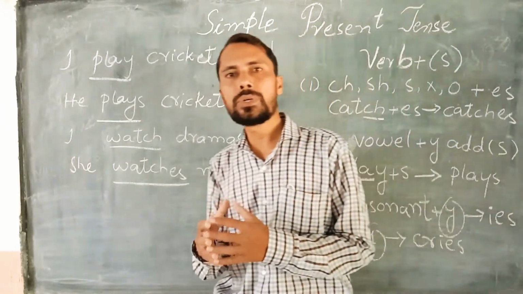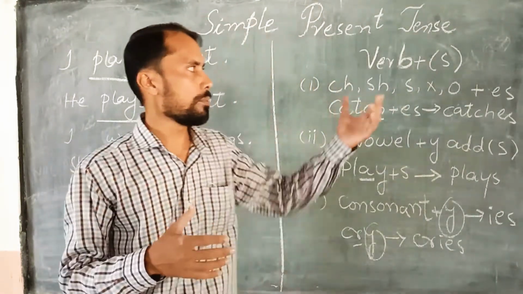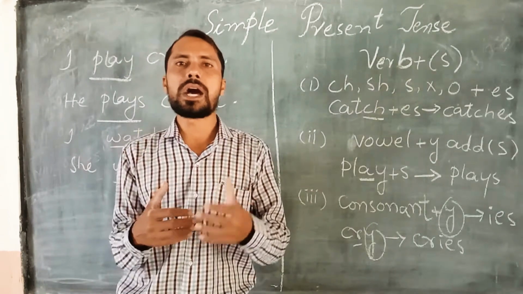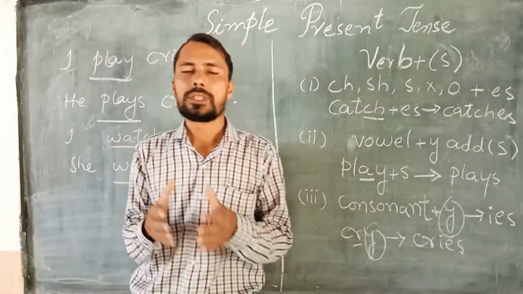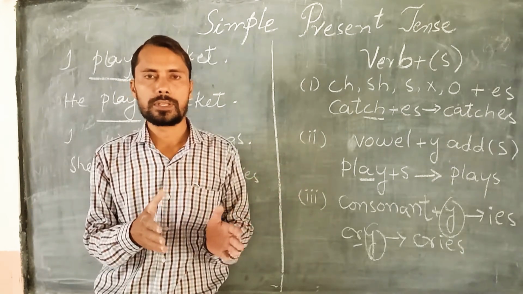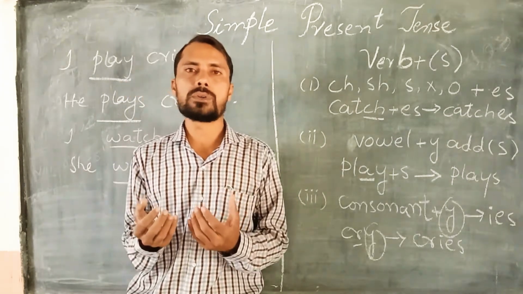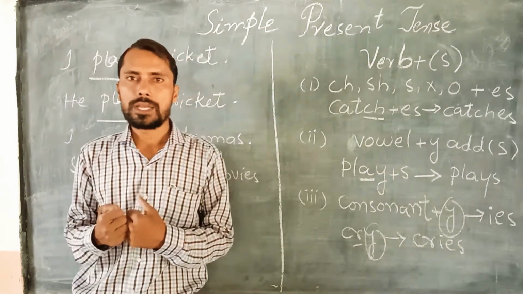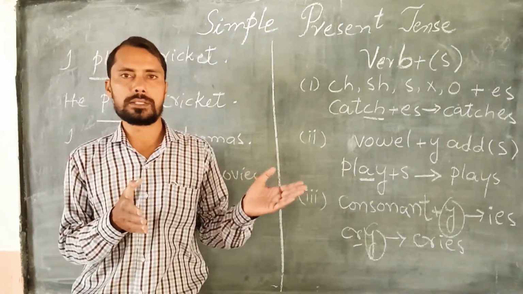Here, we can use these forms of verb talking about things you do and your friend does. Okay? I'm going to talk about things I do and things my friend does.